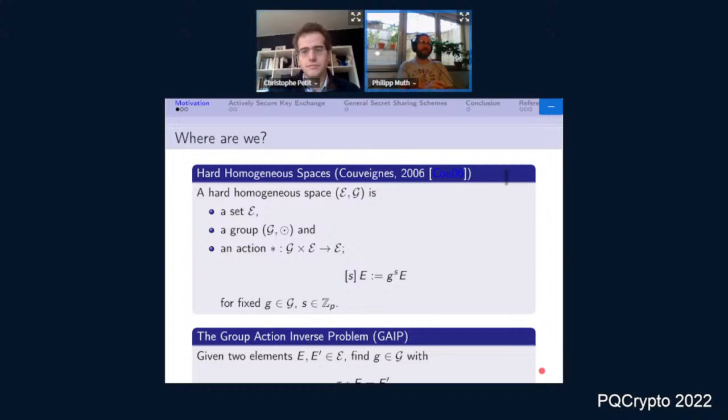At the basis of it, yes. There are some further problems derived from that. For example, the decisional parallelization problem in the group action in a hard homogeneous space that we use to prove indistinguishability. But at the basis of it, the hard problem is the group action inverse problem.